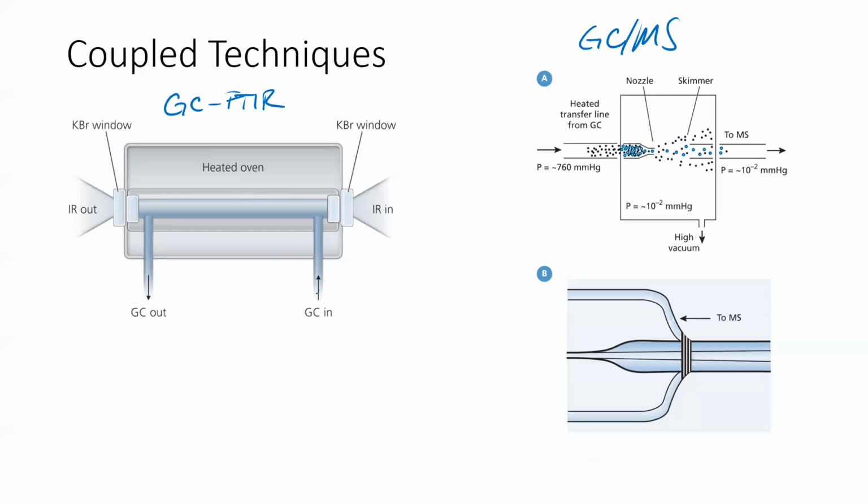You've got your flow through this little channel with the appropriate windows on either side, right? For UV-Vis, they were quartz. Here, they're KBr, so that those infrared beams can pass through. This is called a light pipe, by the way, which I think is funny.